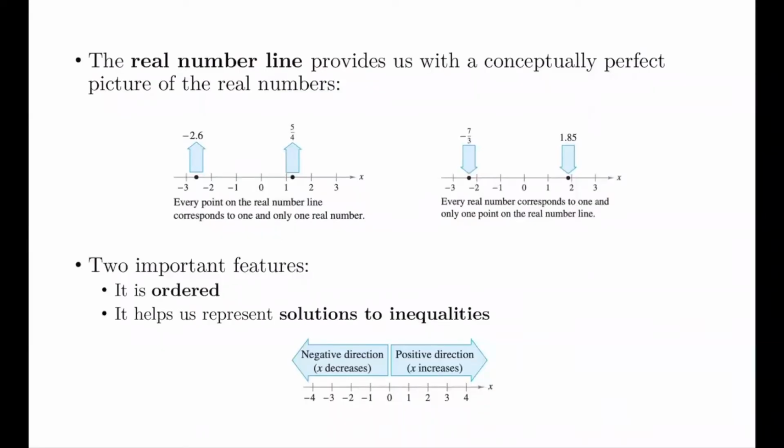We like to use something called the real number line to provide us with a way to organize the numbers, the real numbers at least, and we like pictures in math. So the real number line is the first way that we can organize numbers. It provides us with a conceptually perfect picture of the real numbers, meaning that every point on the real number line corresponds to one and only one real number, and every number corresponds to one and only one point on the real number line.